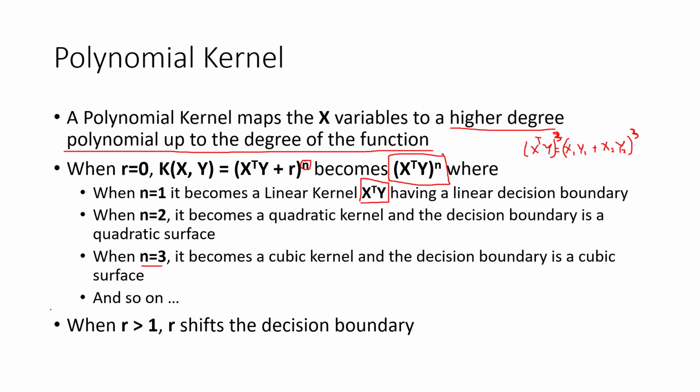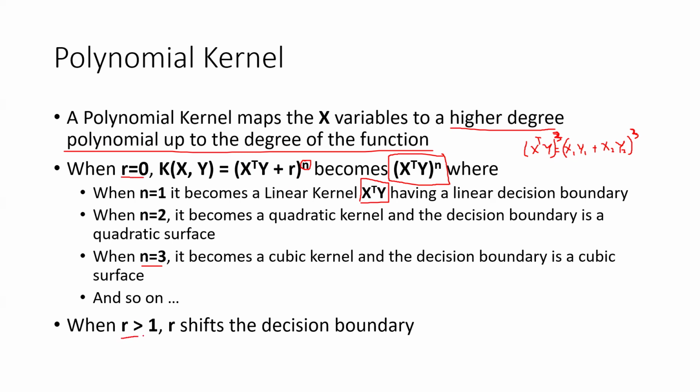Similarly, you can increase the n number and the degree of polynomial that is used. So that is when r is 0.